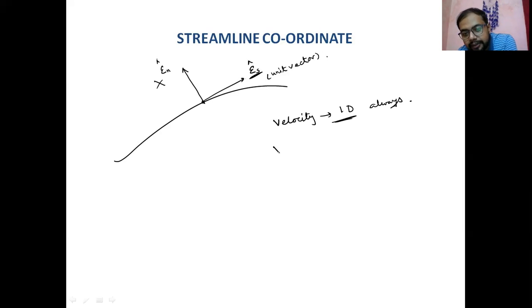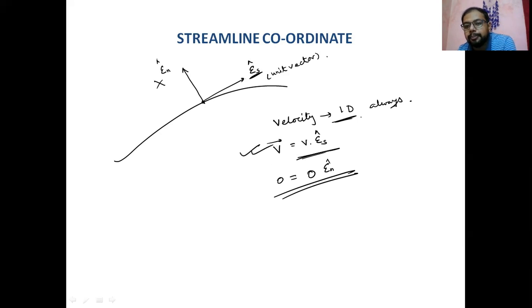So the velocity vector V will always be V of ES, and along EN, the velocity is always zero in the perpendicular direction. That is the advantage because it gives you the sense of one dimension. So a two-dimensional flow can be converted into one dimension, and you can make the problem easy in this sense.